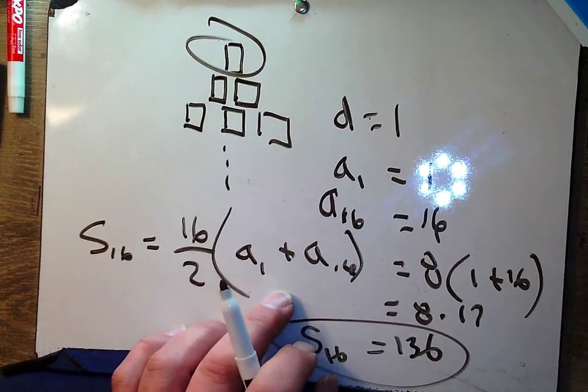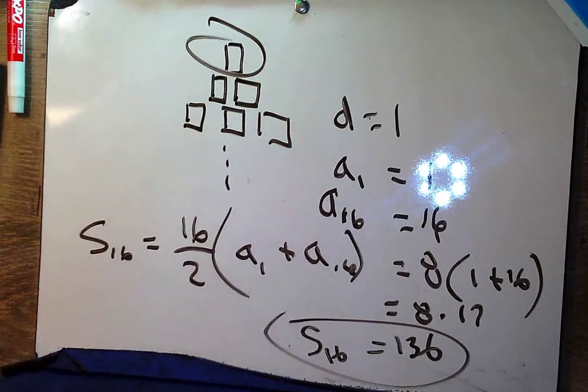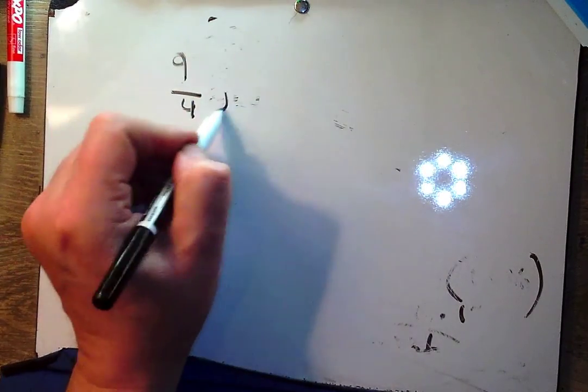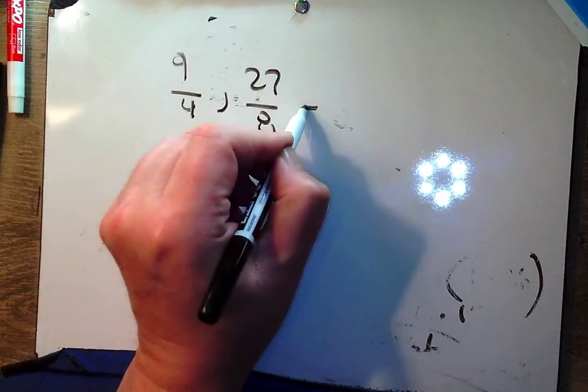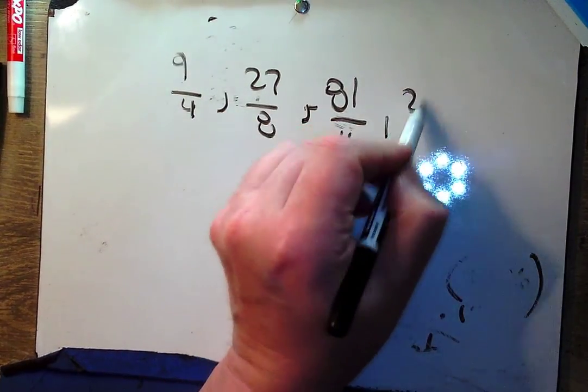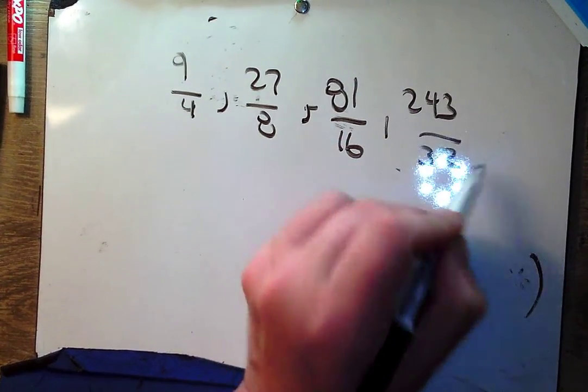Okay, 11 on the back now. 11 says, write the nth term for the following: 9/4, 27/8, 81 over 16, 243 over 32.